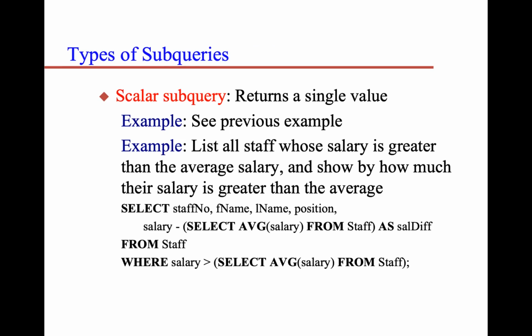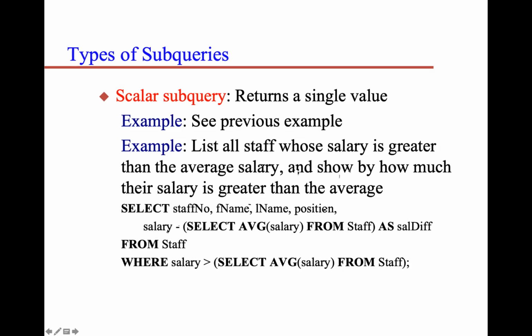Another example is one where we want to list all staff whose salary is greater than the average salary, and we want to show how much their salary is greater than the average. You can see the same subquery is written twice.